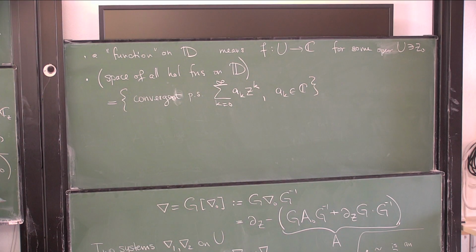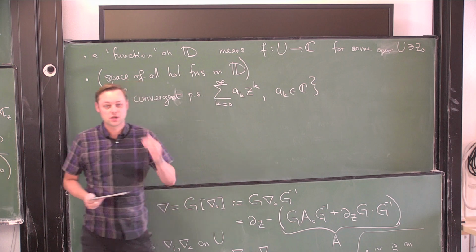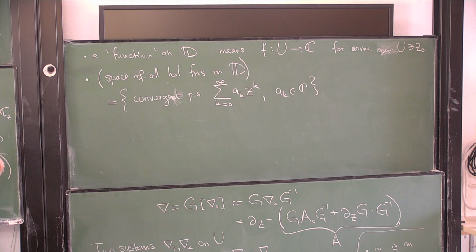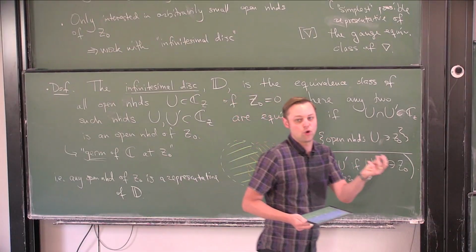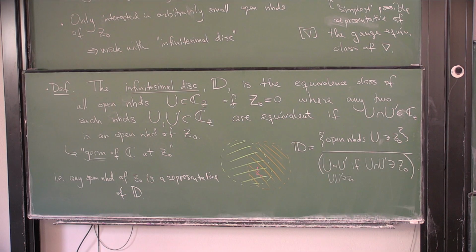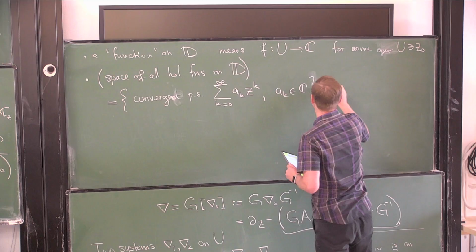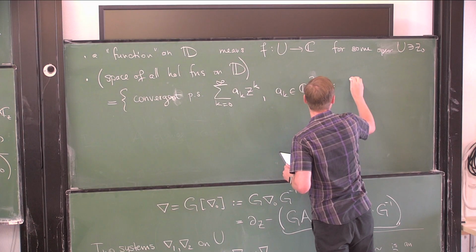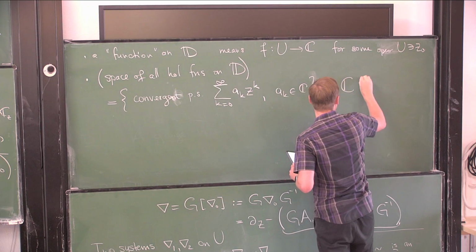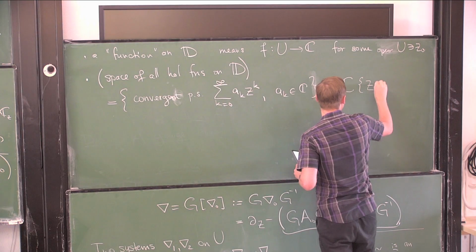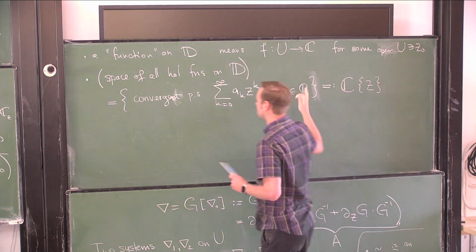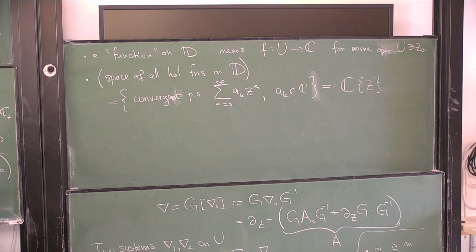So any one of them represents a holomorphic function which is defined on some potentially extremely small open neighborhood of the origin. It's actually an algebra, but I won't really care about this algebraic structure. I'll use this fancy notation for this though, because we'll use it all the time. I'll call this set C{z}.